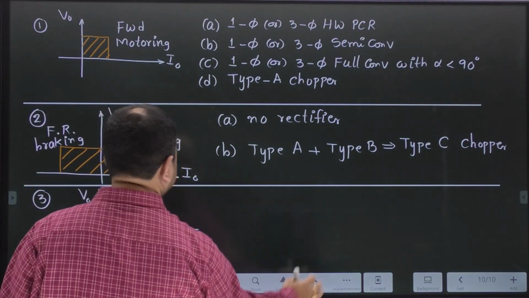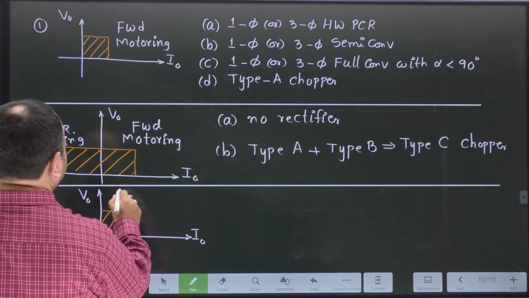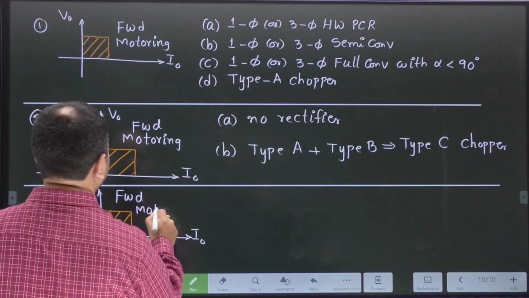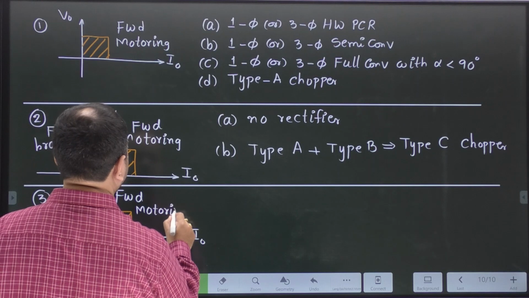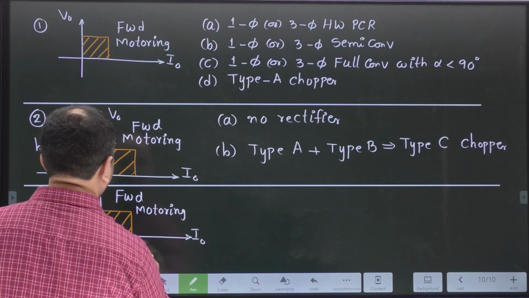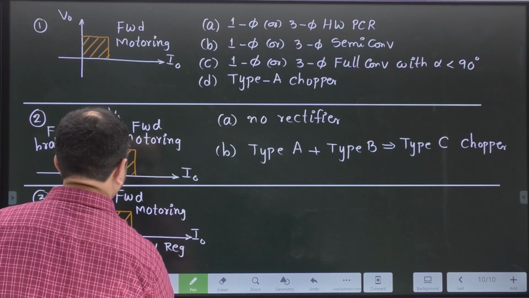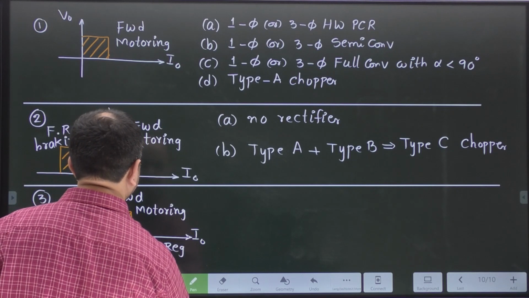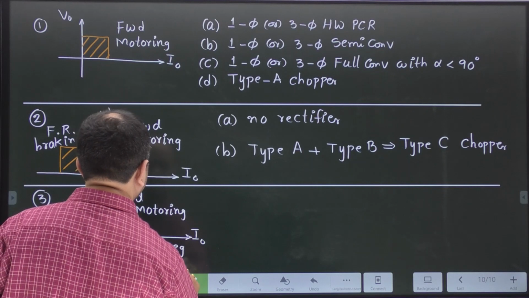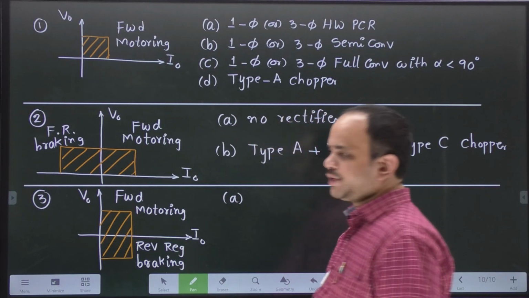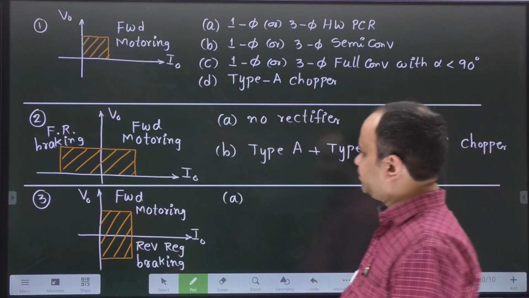So in this case, what operations are required? Forward motoring and reverse regenerative braking. What are all the circuits that will have this feature?